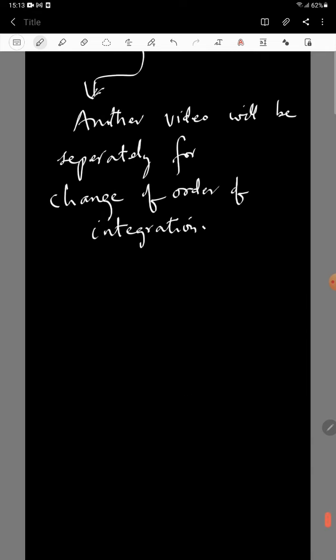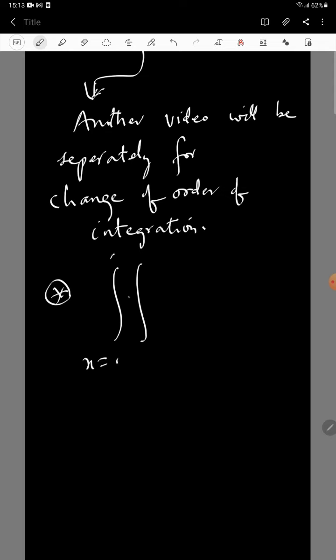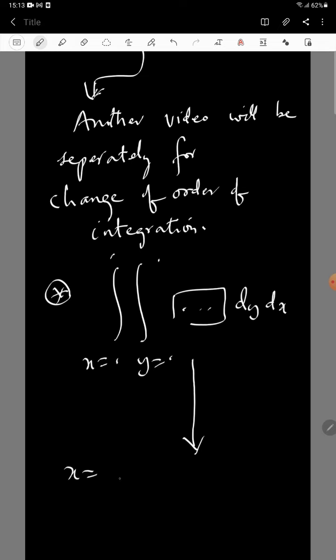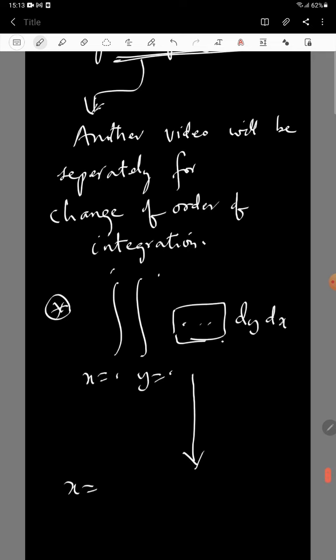And there is another situation where you have an integral in x with some limits given for x, some limits given for y, and there is some function with dy and dx. It is difficult to evaluate this one. Then sometimes we will convert this integral into polar coordinates.